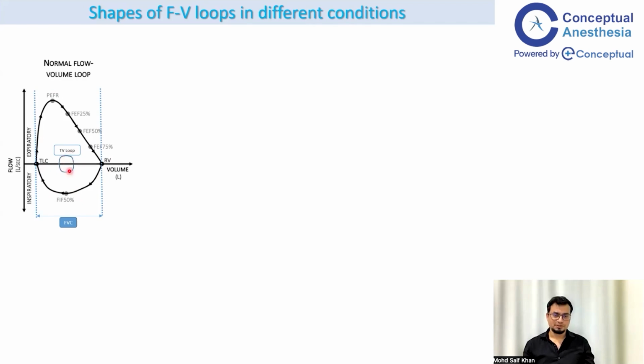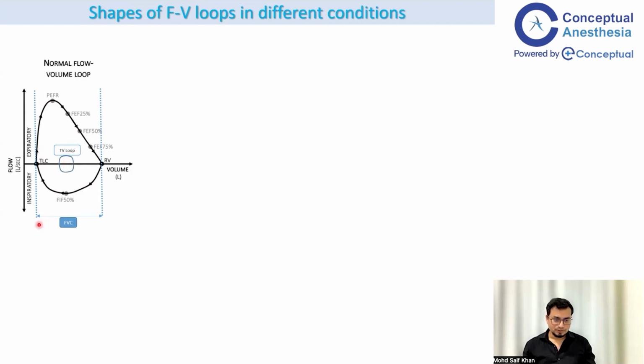This represents the quiet tidal ventilation only. This loop will be obtained in a usual spirometric FV loop, which may be kept in your exam. So this kind of small loop inside the standard loop is called the TV loop, the tidal volume loop. So this you remember, all right?